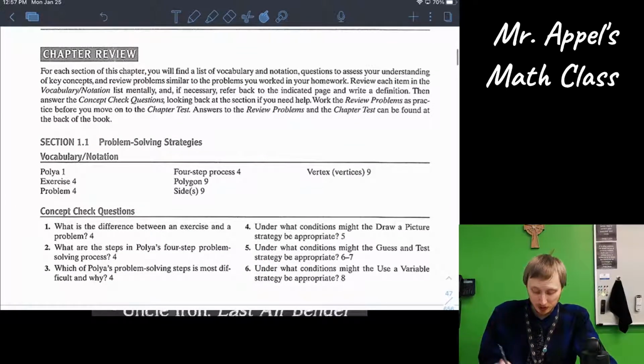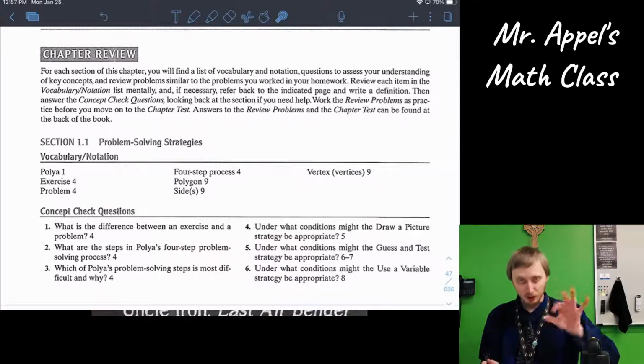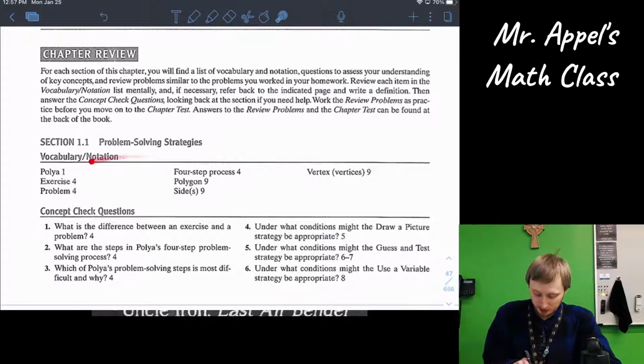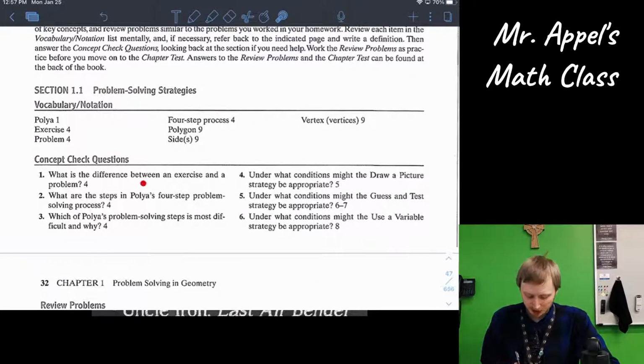Okay, so let's take a look at that chapter review. You have the vocabulary, very important. There are some explicit questions on the test that deal with the vocabulary and these concepts. Notice a lot of these concept questions are like, what's the difference between exercise and problem? What's the 4-step problem-solving method?